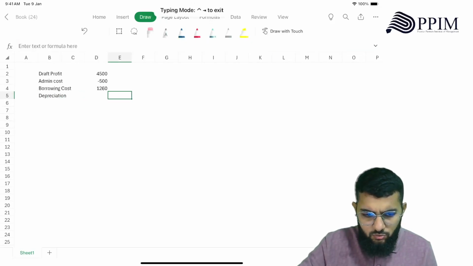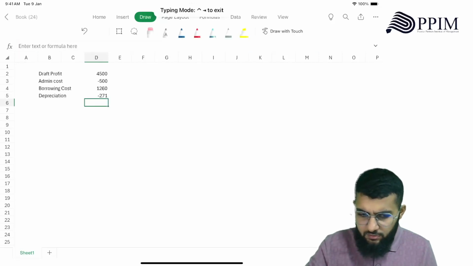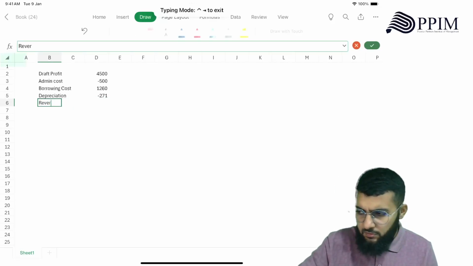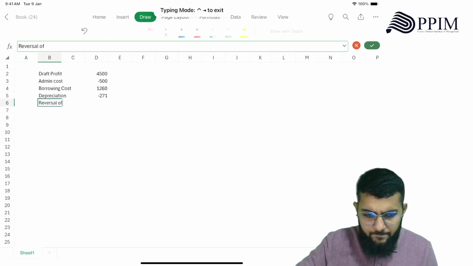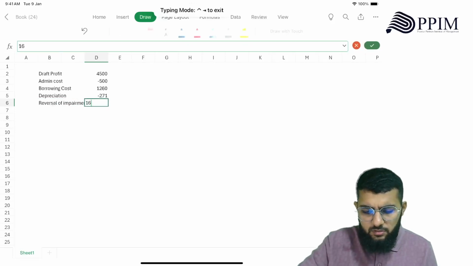Depreciation 271. Then there was reversal of impairment loss. That was 1,600.